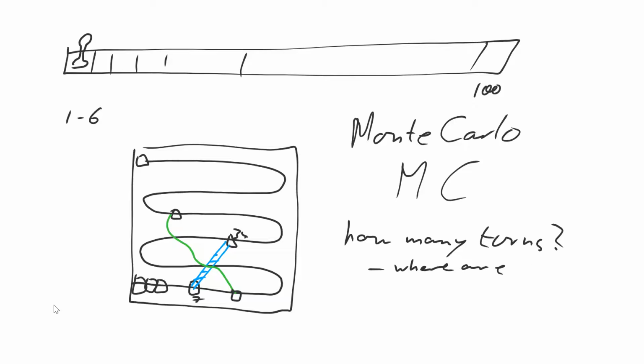Where are snakes and ladders, in other words? So I need to know everything about this. Am I rolling 1 die or 2 dice per turn? Are they actually fair, or do they roll a 6 more often than a 1? So I need to know everything about the physics that's going on.